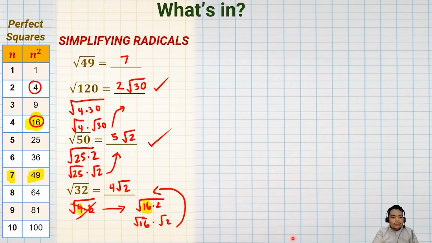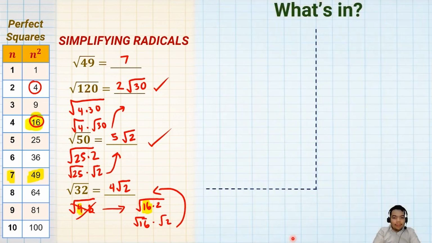So right now, we'll continue with simplifying radicals, but this time with this form. So example, this one, the first one. Bakit ganito yung form? Kasi ganito yung mangyayari mamaya sa solving quadratic equation using quadratic formula. Yung magiging answers natin most of the time, ganito yung itsura.